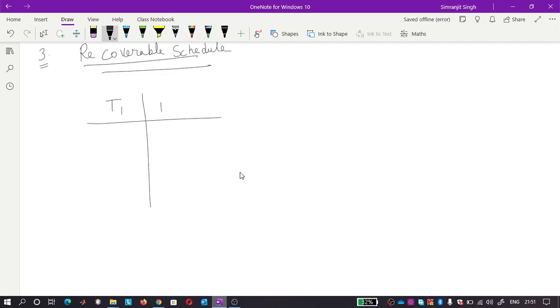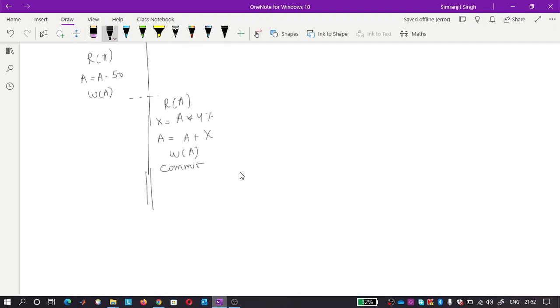You're transferring 100 rupees. Adding 4%. Seeing here, T2 is submitting the sheet to the invigilator.